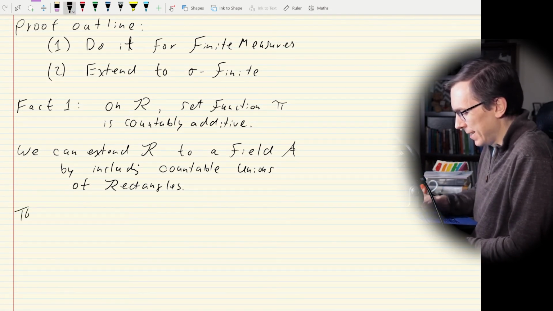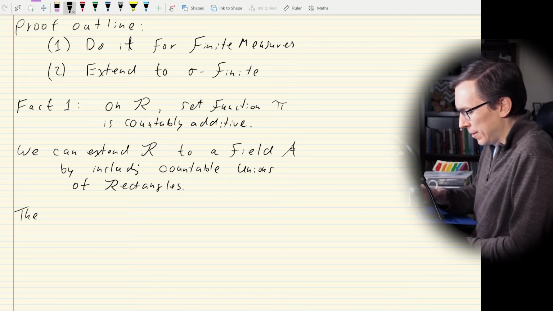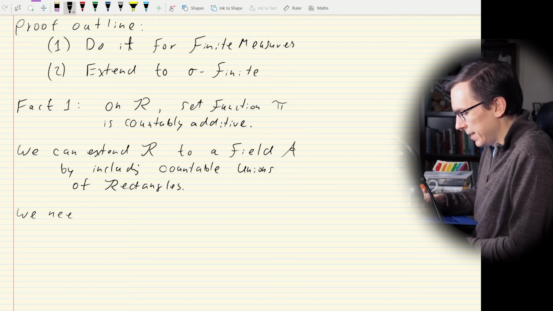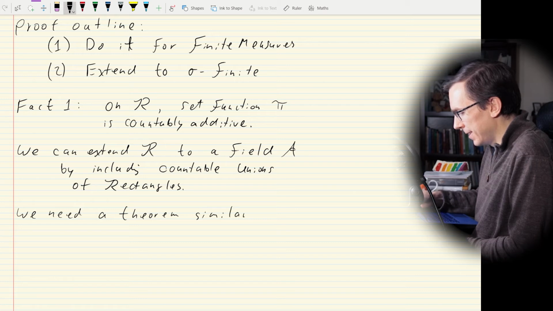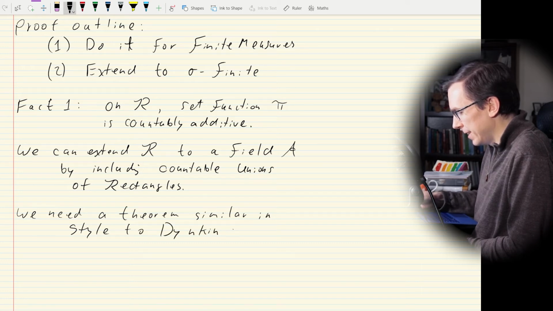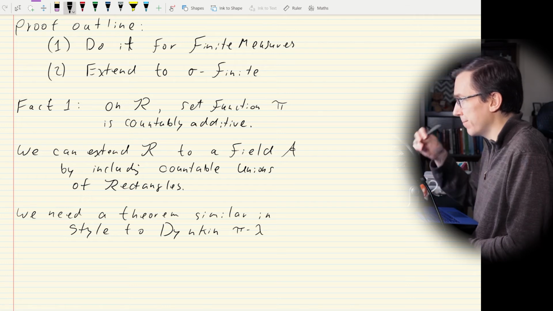So we need a theorem similar in style to Dynkin pi-lambda.